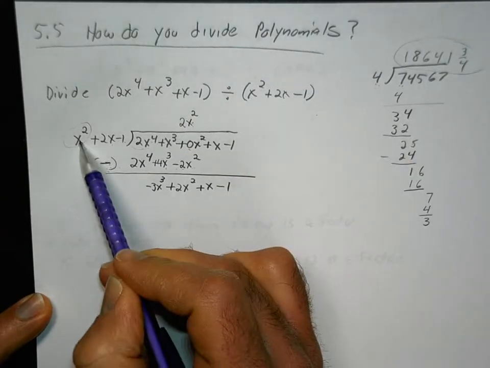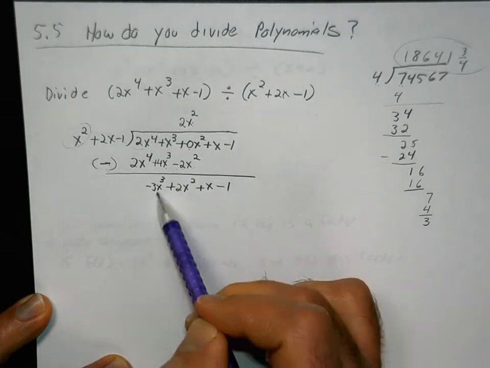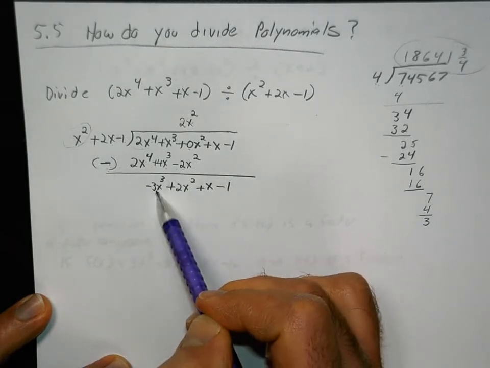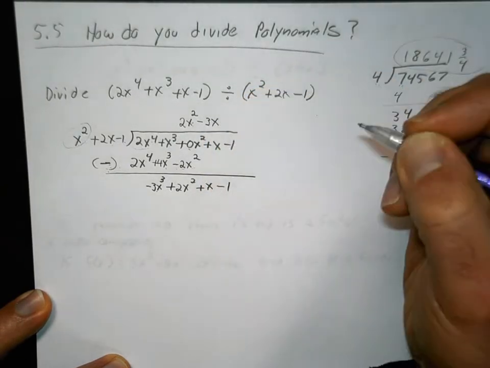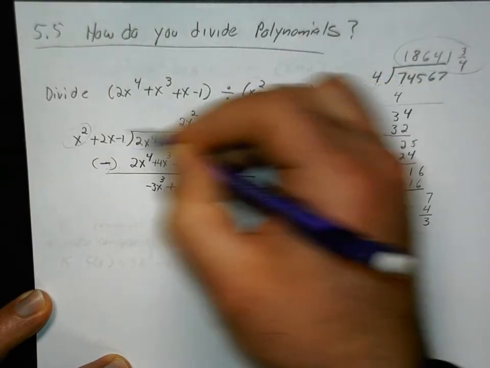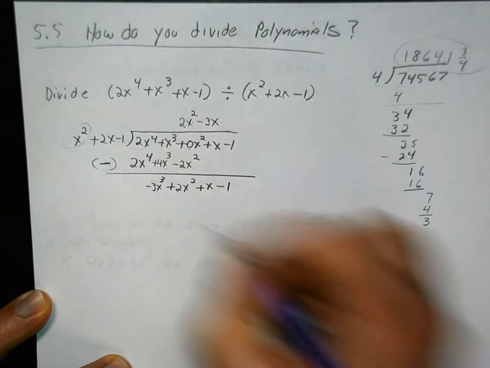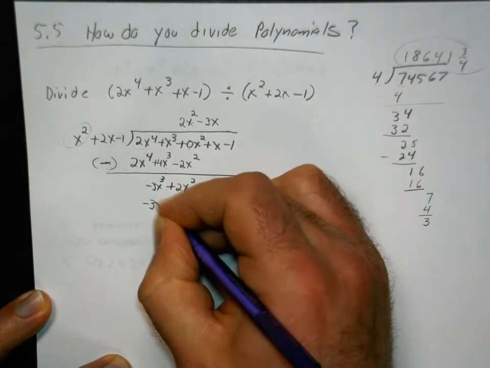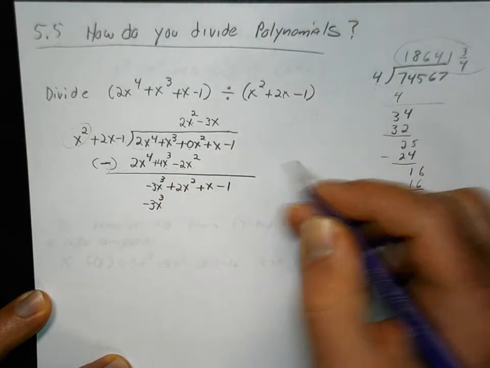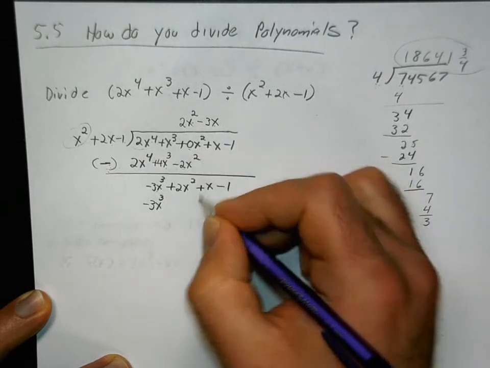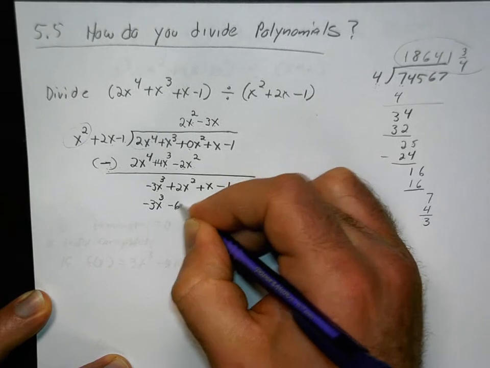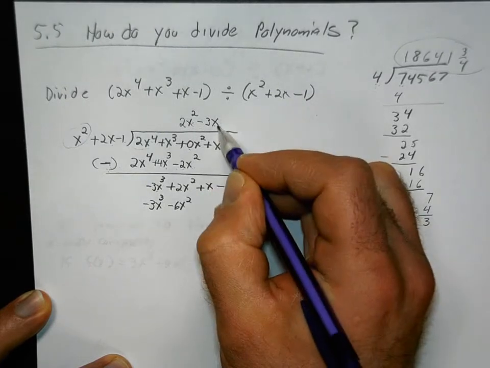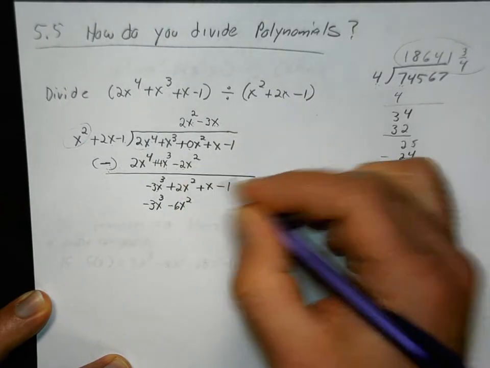Okay, now I have to look at x squared. x squared goes into negative 3x cubed, negative 3x times. Because negative 3x times x squared is negative 3x cubed. Then negative 3x times 2 is a negative 6x squared. And then this times this is plus 3x.